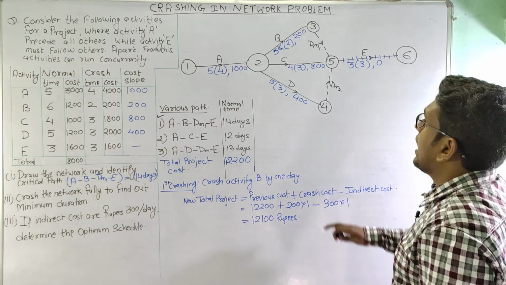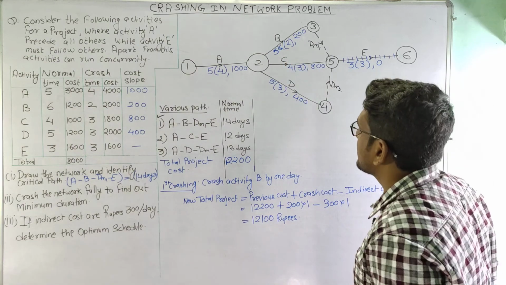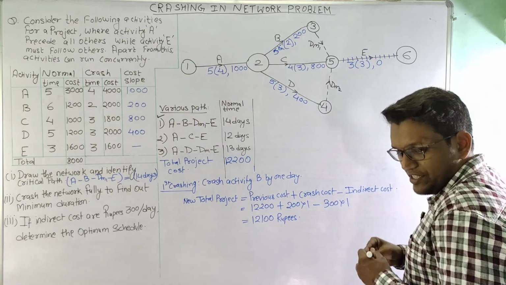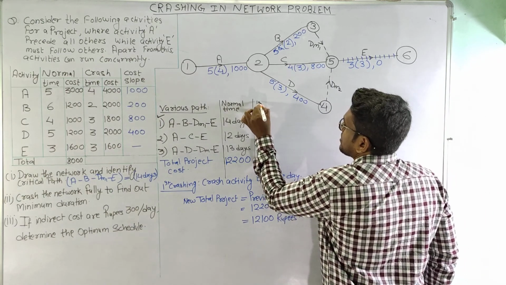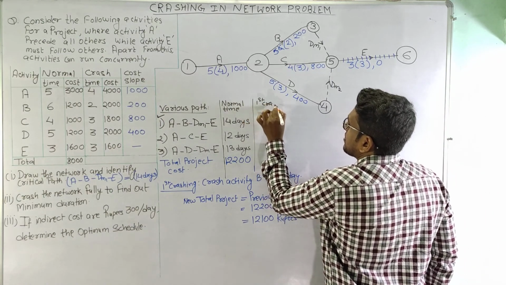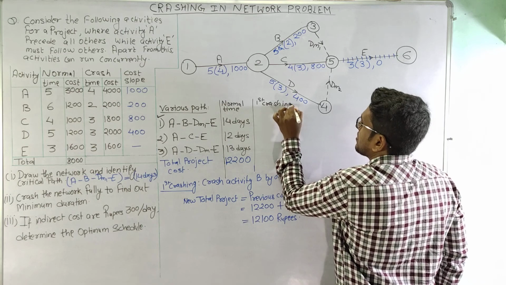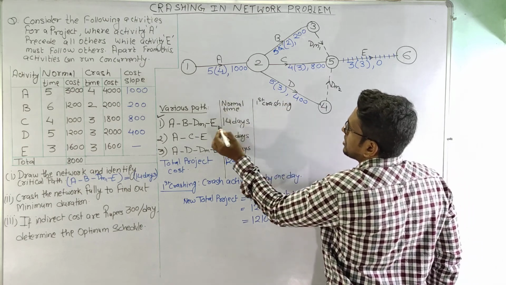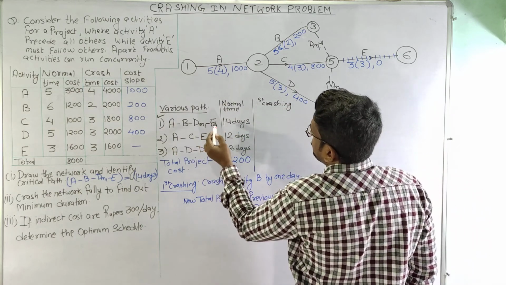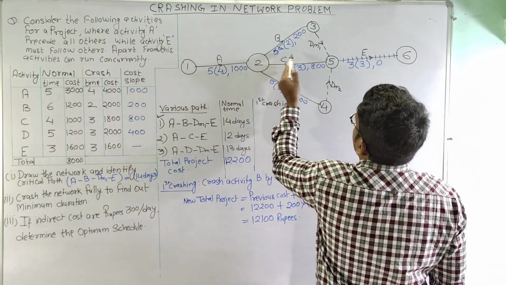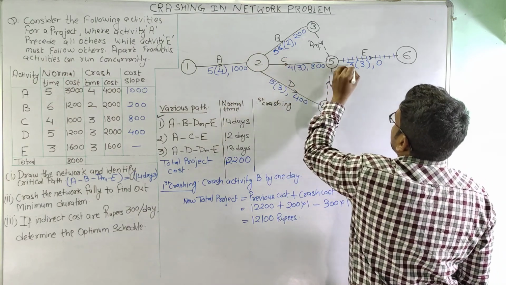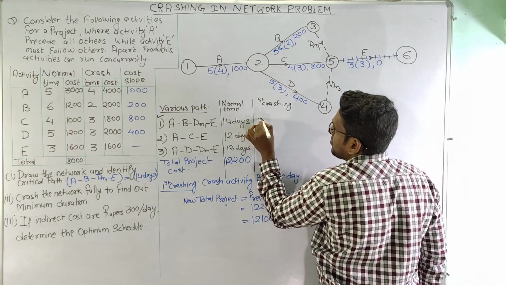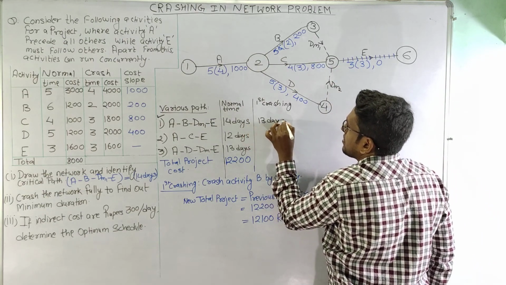So now after crashing this, for first crashing, let us see what the times are for this path. This will be 5 plus 5 is 10, plus 3 is 13, so this will become 13 days.